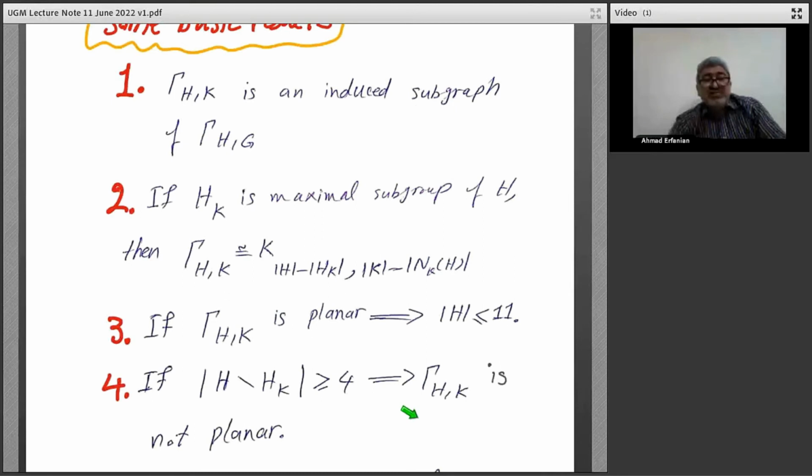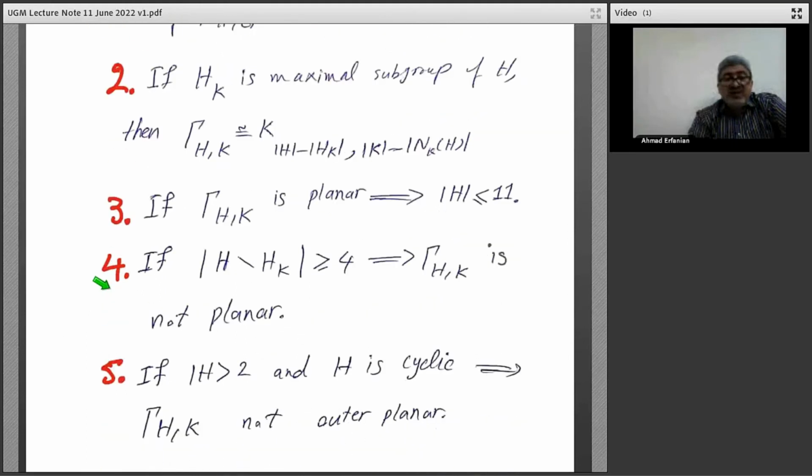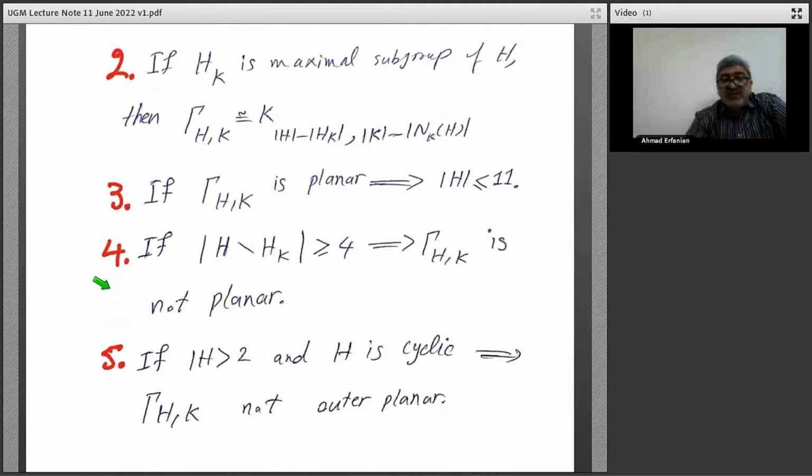Here are some results. The relative non-normal graph of H in K is an induced subgraph of the non-normal graph of H in K. And if the core of H in K is a maximal subgroup, we will have the complete bipartite graph.